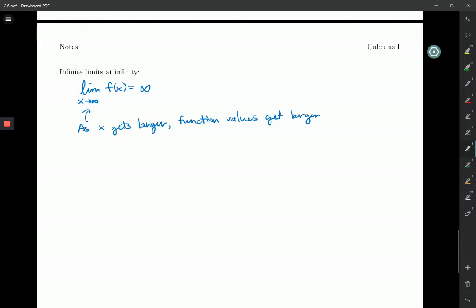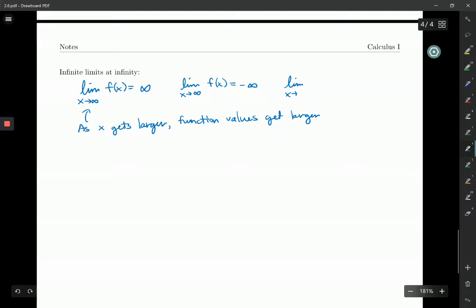Okay, well, there are other corresponding notions. I'm not going to write out the interpretation of each of them, but it will be just a small variation of this idea, so hopefully it's clear.